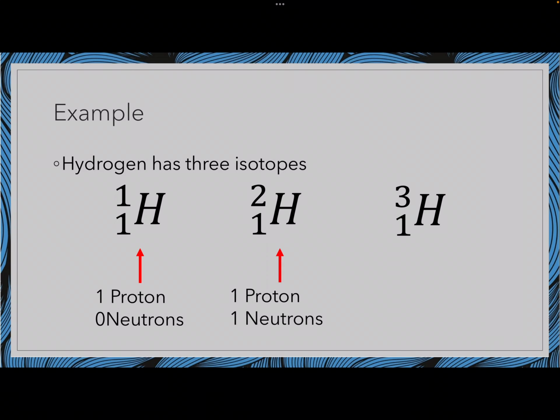It has one proton and one neutron. Hydrogen can also exist as a third isotope, which we call tritium, which is one proton and two neutrons. Chemically, if we're doing reactions with any of these isotopes, they all act like hydrogen because they are hydrogen. They've just got those extra neutrons that add that extra bit of mass. So they weigh different amounts, but they react chemically the same.